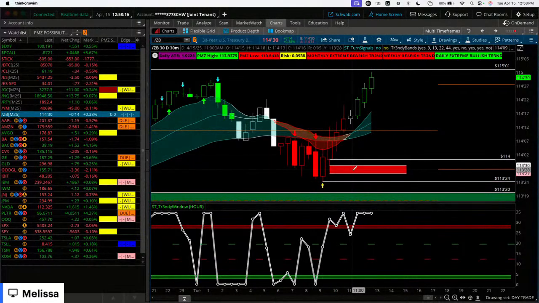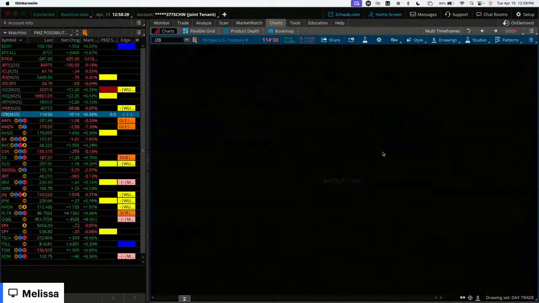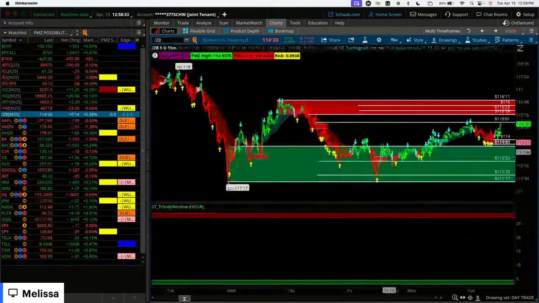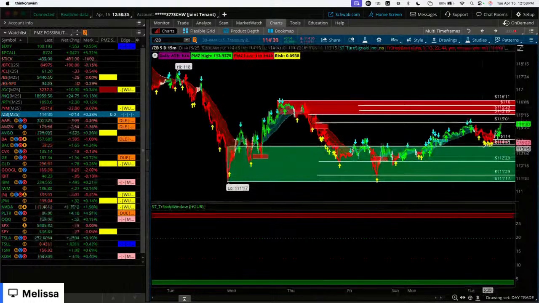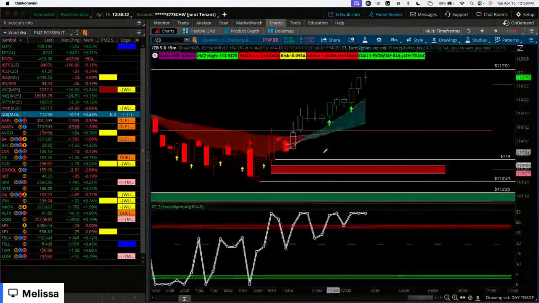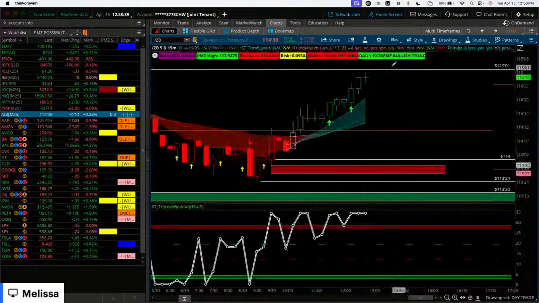That's your PMZ. Now, another way to trade, whether it is a 30-minute chart or a 15-minute chart, is to use Fibonacci. So right now, price is above the PMZ, right? So my bias is to the upside.